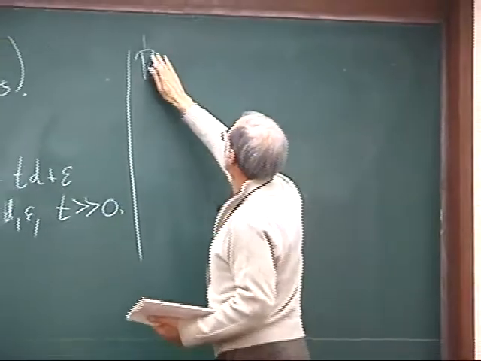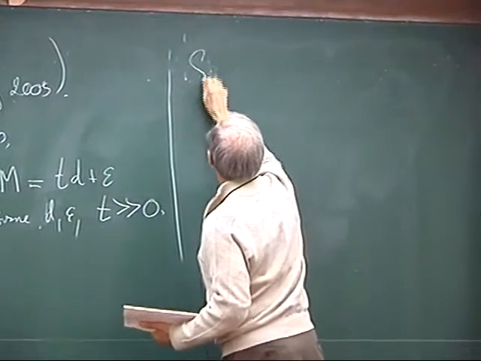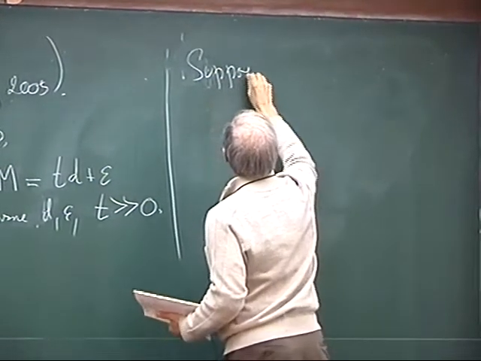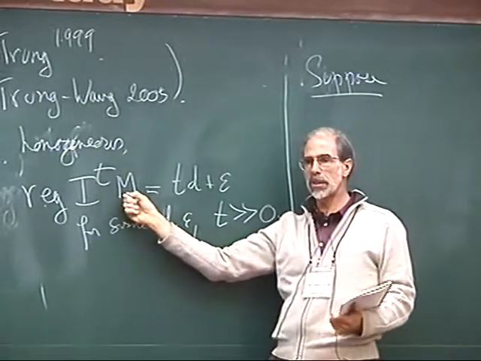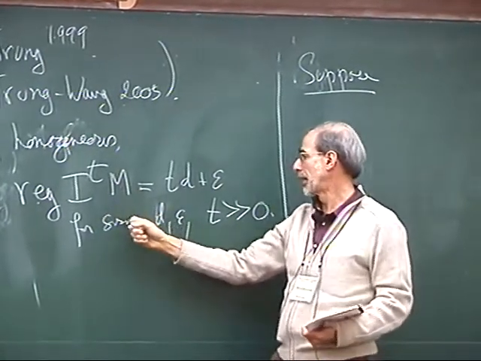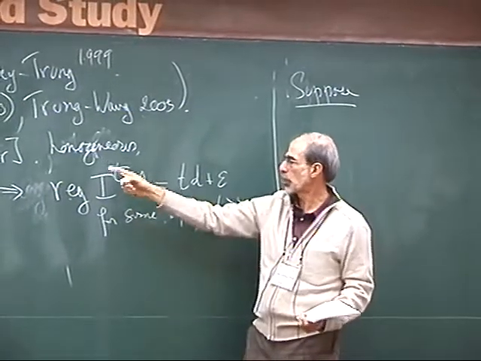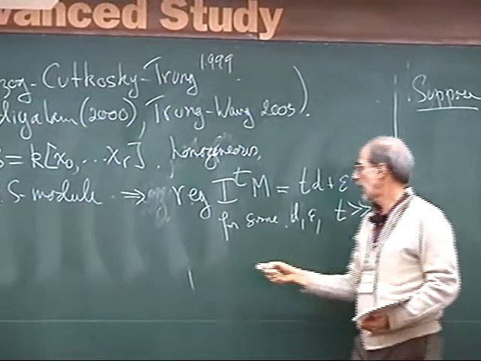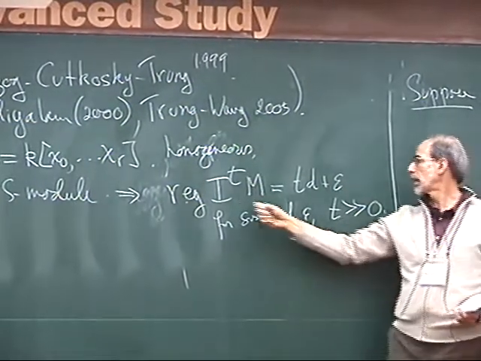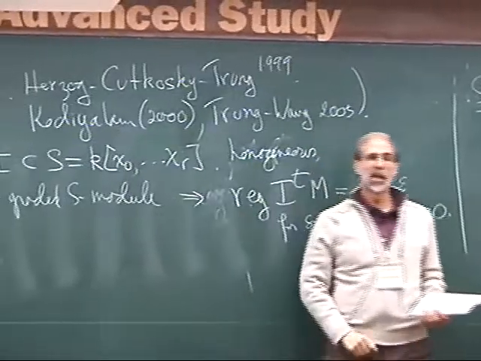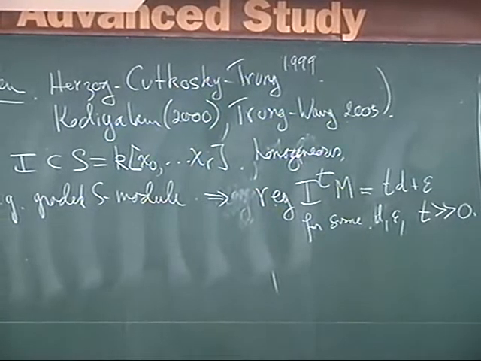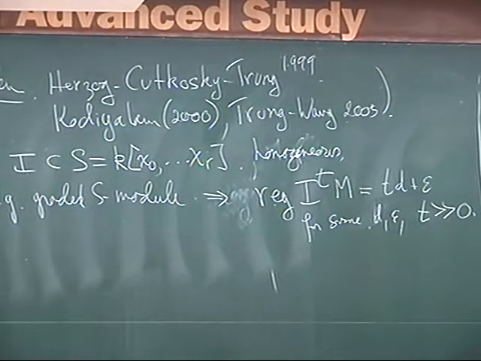Let's suppose that, in fact, let's get rid of M just for simplicity for a moment and pretend M is just the polynomial ring S, and I is an ideal which is primary to the maximal ideal, so contains a power of all the variables, an irrelevant ideal in that sense.